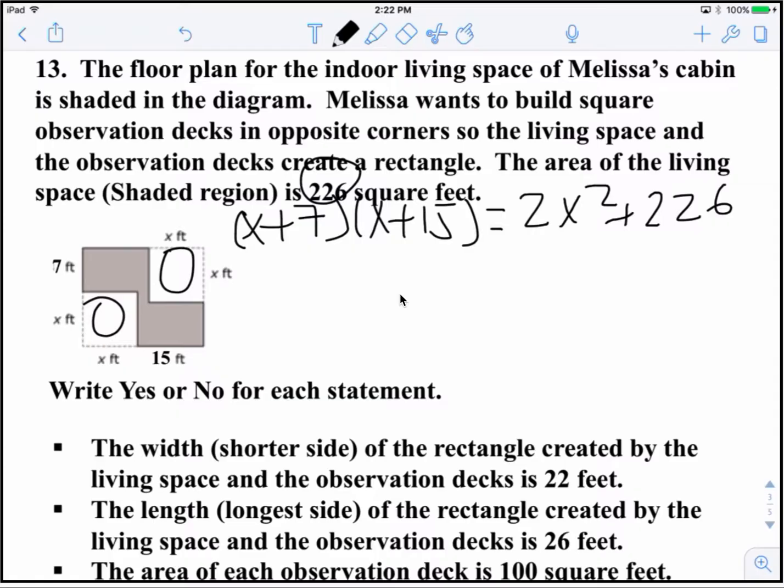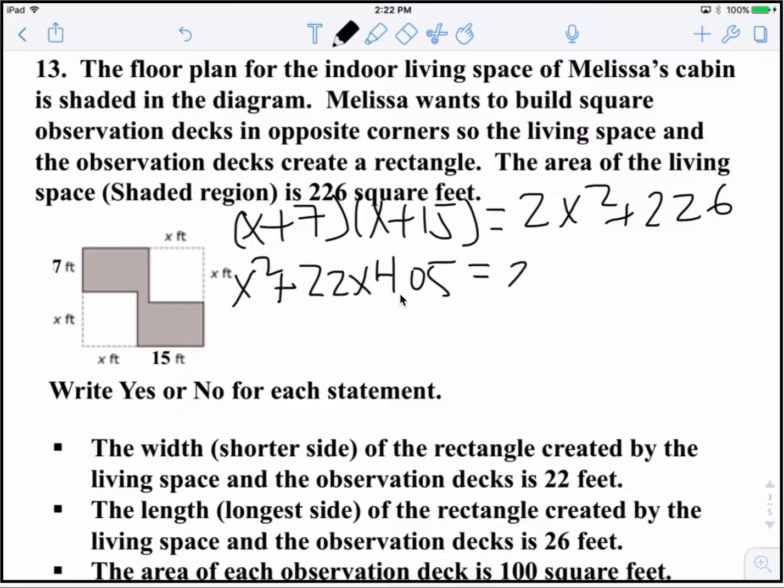Let me erase some of these out. Okay, if we expand the expression on the left, we would get x squared plus 22x plus 105 equal to 2x squared plus 226 on the right.